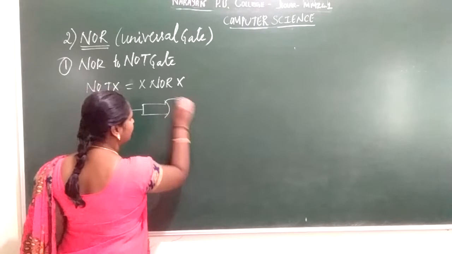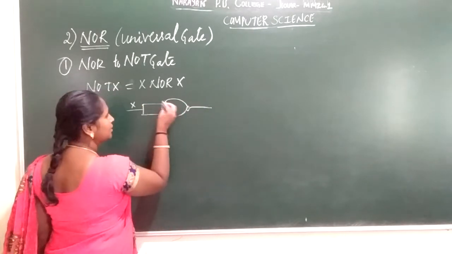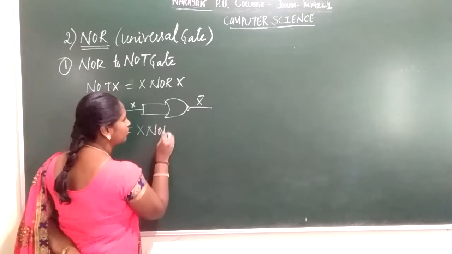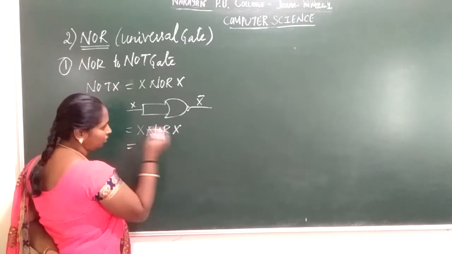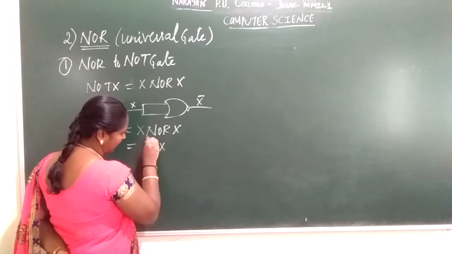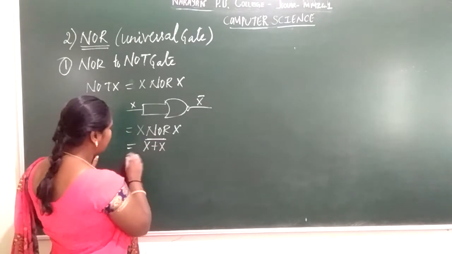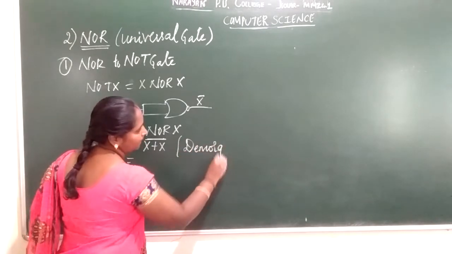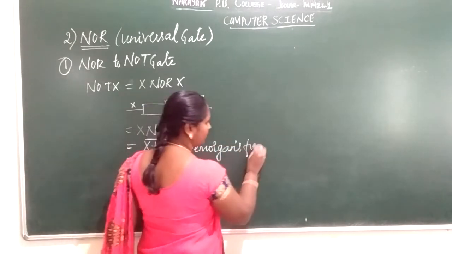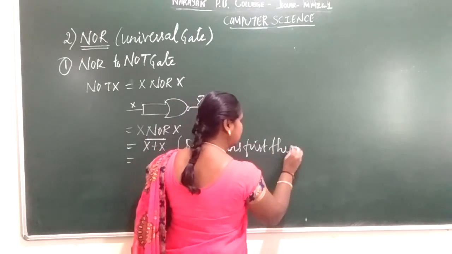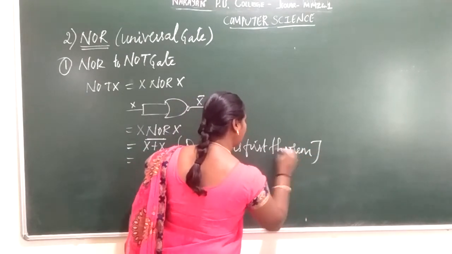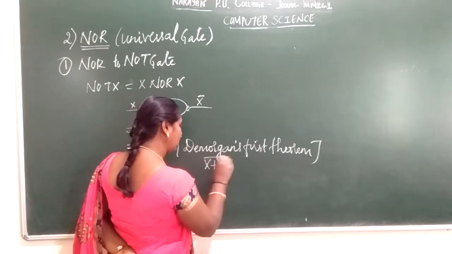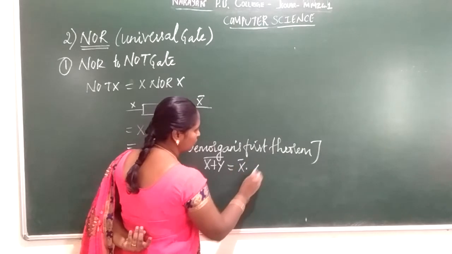So this is my x. Here x, and you will get it as x bar. Take the expression x NOR x, which is nothing but x plus x, the whole bar. According to De Morgan's first theorem, x plus y the whole bar is equal to x bar into y bar.